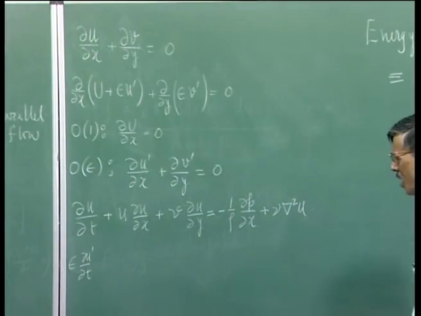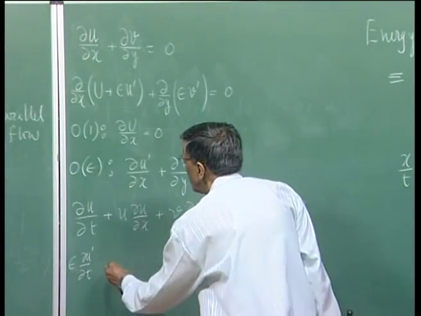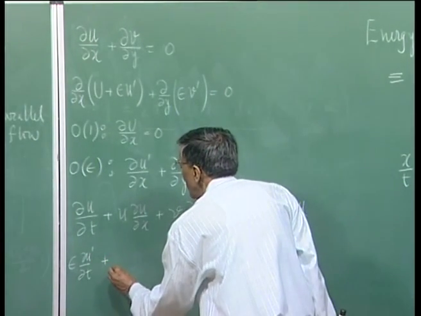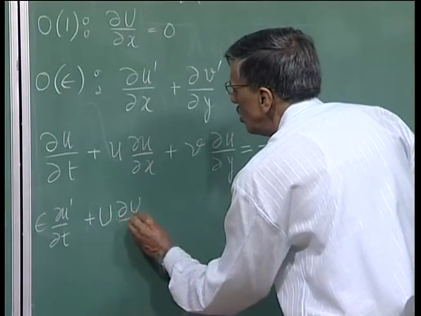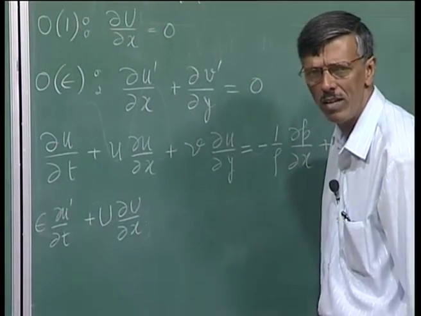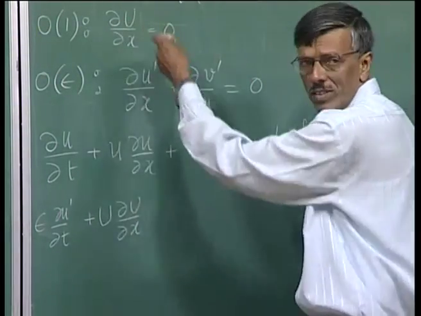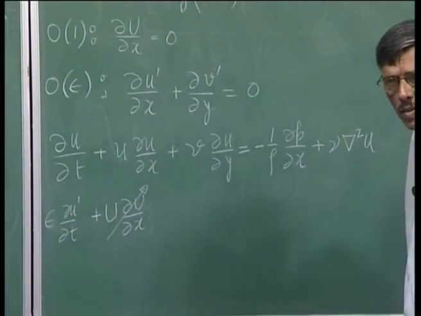What are we going to get from here? A mean term which will be u del u del x. But that's not there, right? Del u del x is 0, we have already seen. So this term does not survive.